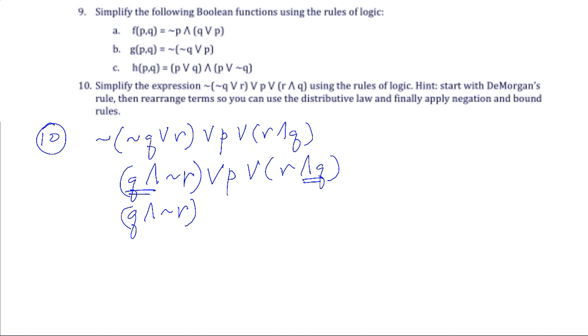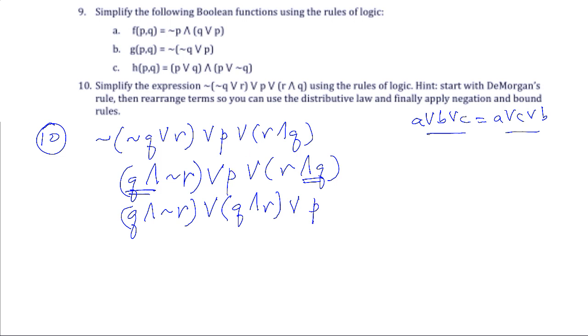In other words, A or B or C is equal to A or C or B in any order. Okay? And so I'm going to take this one next. And I can also rearrange the R and the Q here in the AND statement. So I'm going to go R or, and now I'm going to write Q and R, and finally OR with the P at the end.